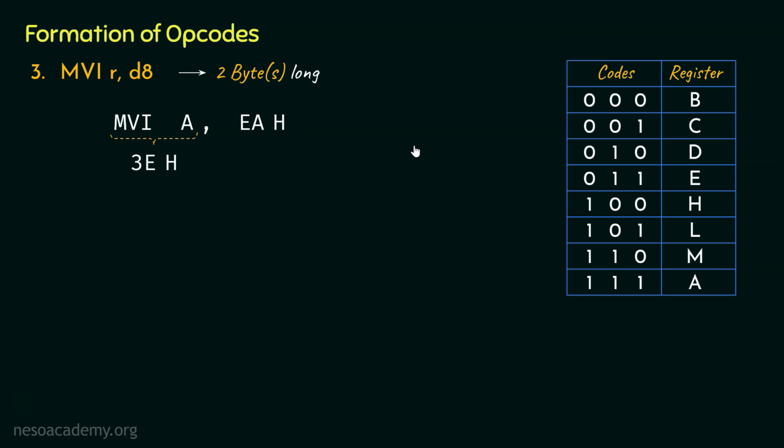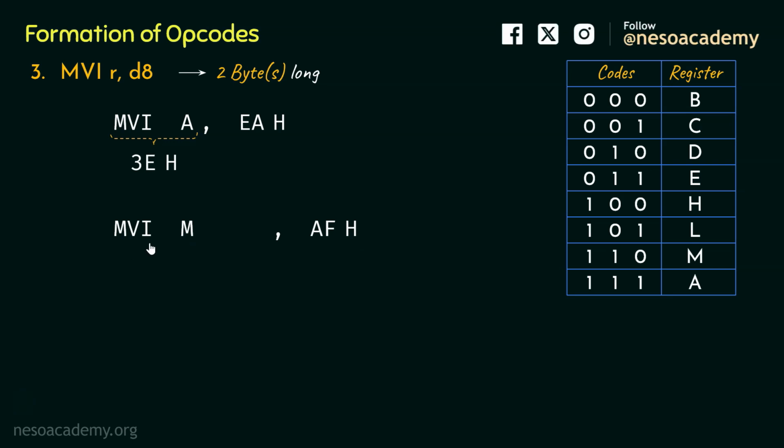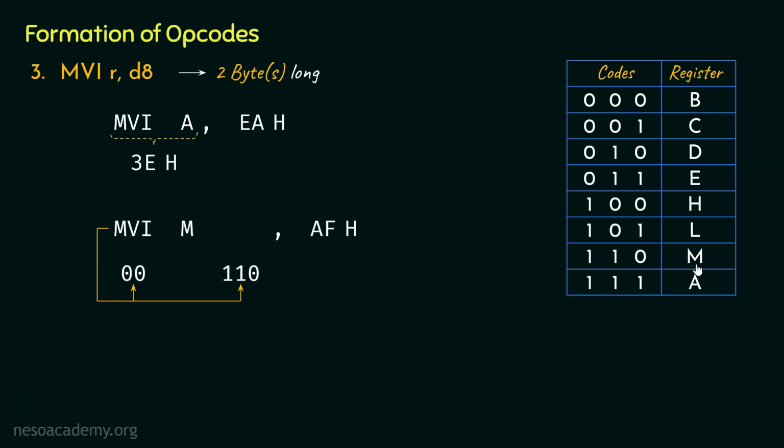Shall we do another one? Let's try to figure out the opcode for MVI M, AFH. Now for MVI, as I told you earlier, we have got the prefix and suffix code. So we will have 00 and 110. Now the 3 bits in the middle will have to be taken from the register code chart. Now for M, the code is 110, so let's have that. Shall we group them now?